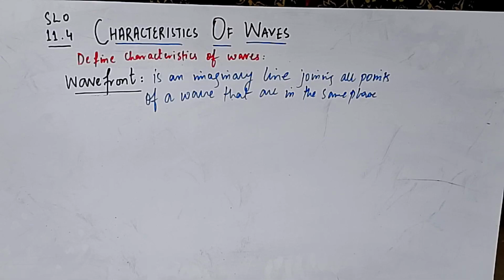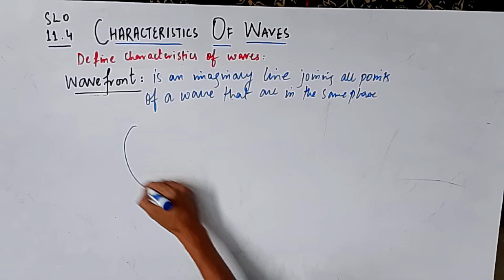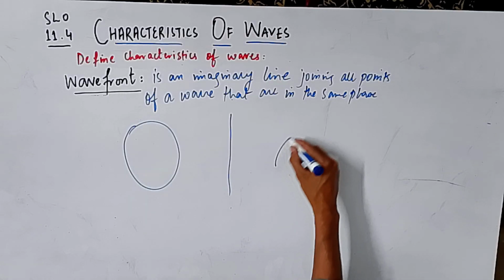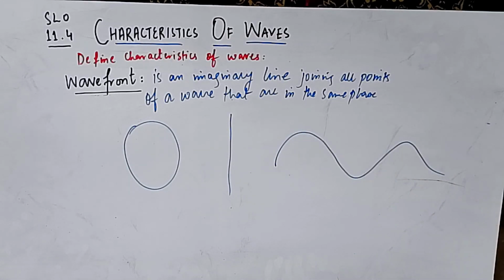It shows the position of a wave at a particular instant, and it could be a circular wavefront, it could be a plane wavefront, it could be like this as well, and it could be a spherical wavefront as well. So this is how we explain the wavefront.